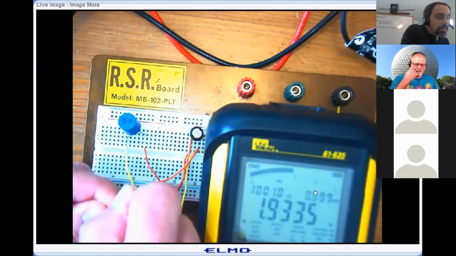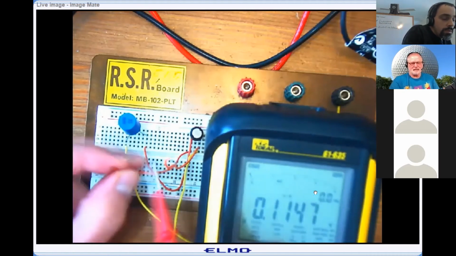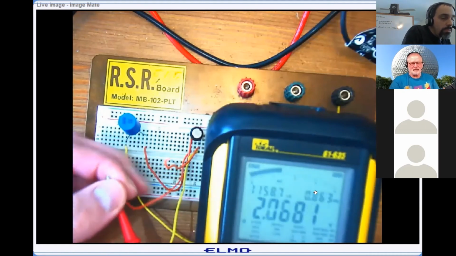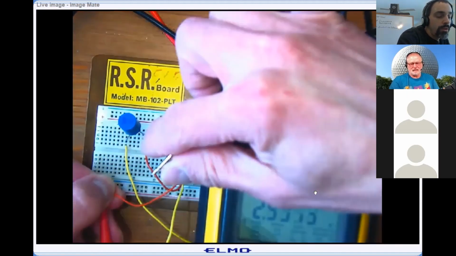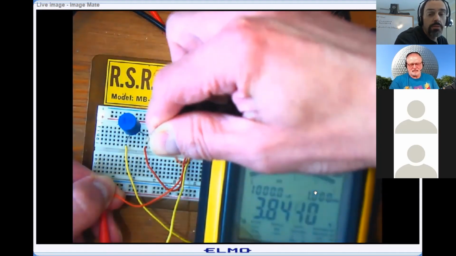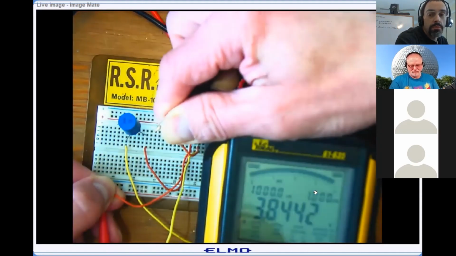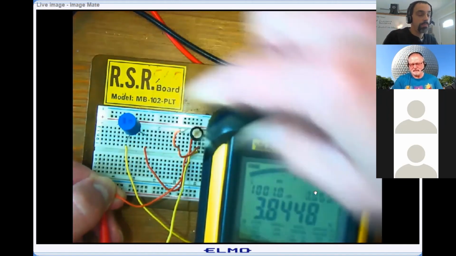I'm off. Why am I so much off on this one? Let me see if I loaded down the generator. There it is, 3.8. I was off. Can you see that? Yeah, that's good. 3.8. So we're close. Not bad at all.